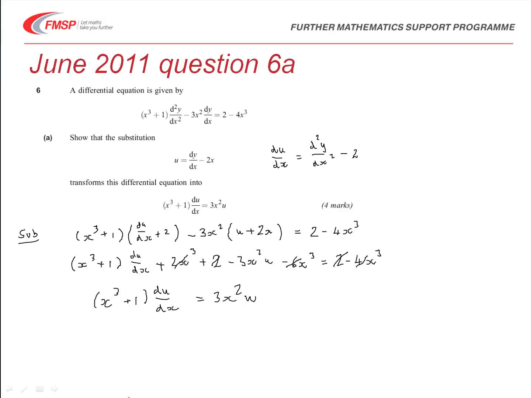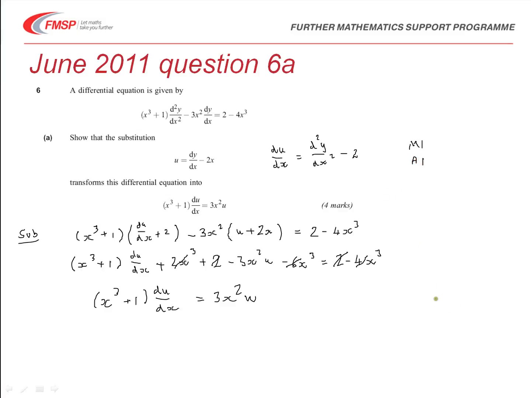4 marks on this part. Well, the 4 marks will come from, let's see, what have we got? Initially we differentiated to get du by dx, knowing that's what we had to do to generate the second order d2y by dx squared, and doing that correctly gives you a mark.